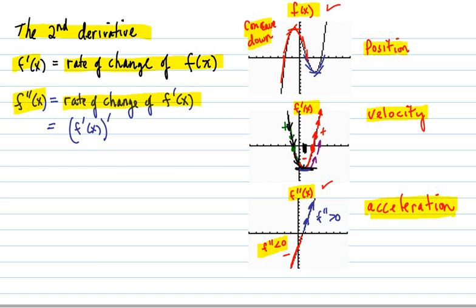So since f double prime is greater than 0, that means the rate of change of f prime was positive. That means that the slopes on the velocity curve are getting steeper.